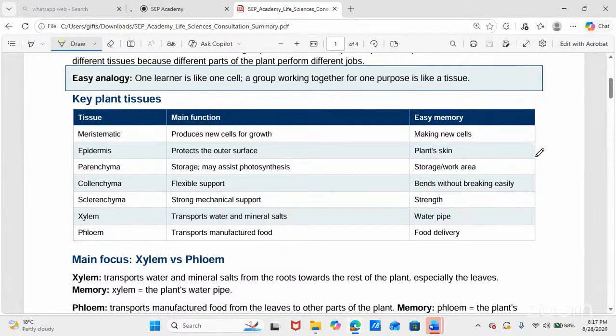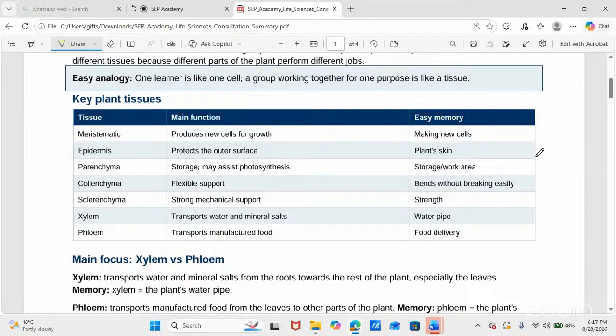So we have meristematic tissues, which are mainly for producing new cells for growth. Let's say you ride a bicycle and then you fall and hurt your knee and you have an open wound. The meristematic tissues will come in handy and multiply, forming so many cells, and those will close up your wound.